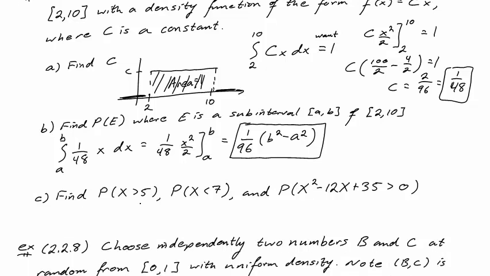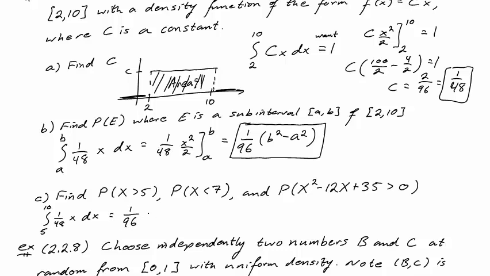And then finally, if I want probabilities with specific values, probability that x is greater than 5 is just going to be the probability that x is between 5 and 10. So I could set that up as an integral from 5 to 10 of 1 over 48 x dx, or I could just use the formula from the previous part and have the interval 5 to 10.